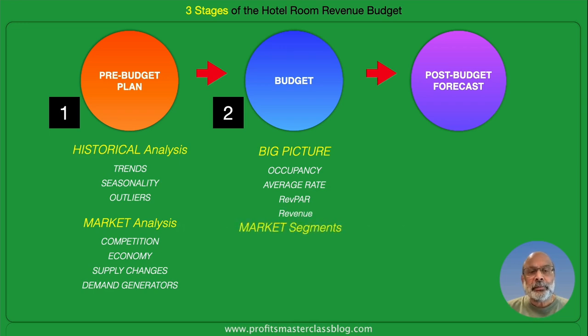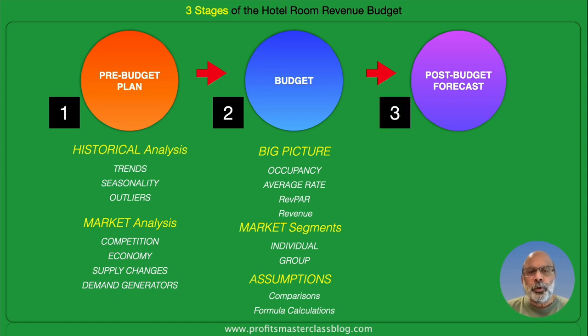Then we come to the building blocks of the revenue, market segments, and the 2 most important categories, individual and group. Next comes assumptions, which consists of comparisons and actual formula calculations in the budget itself.